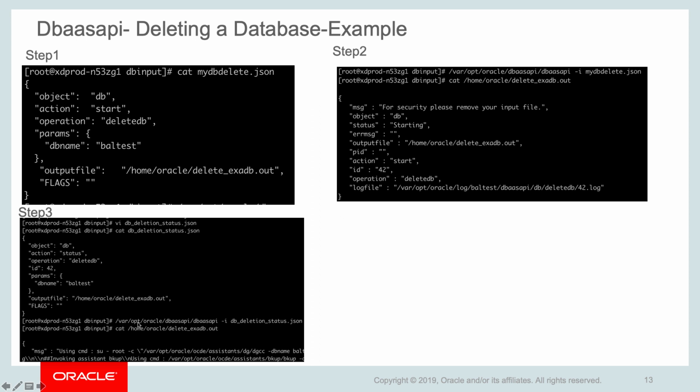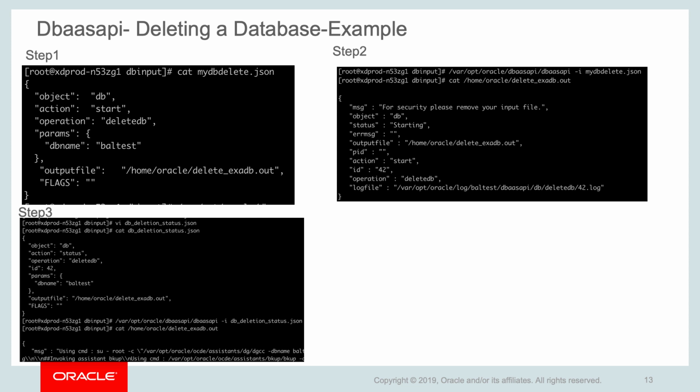Just to summarize what we are doing when using the Debus API, for example for creating a database: I created a JSON file first, ran the Debus API, checked the output file, and found the ID associated with it. That was my first step.